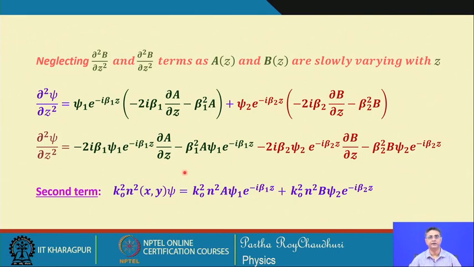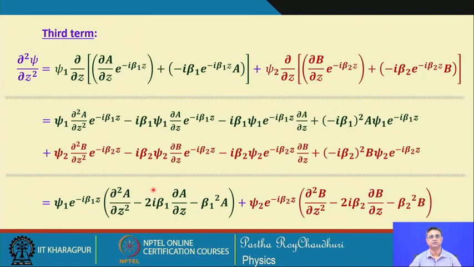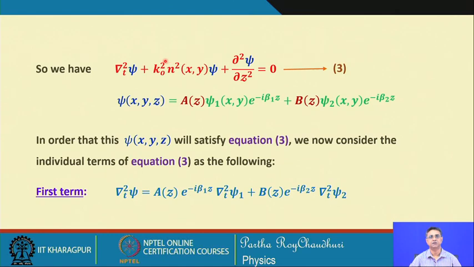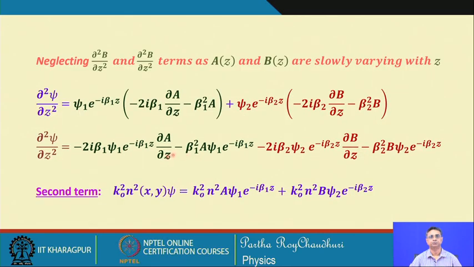Now, we will look at the second term of this equation, that is k 0 square n square of x y z, which is very straightforward, and we can write this, just multiply this n square with the component terms for psi 1 and psi 2.